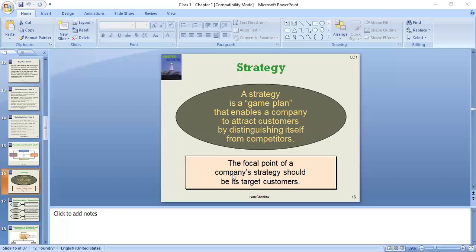So the strategy, and this is so far the most powerful definition that I've found, the strategy simply is a game plan which enables you or the company or anyone to attract customers by distinguishing itself from the other competitors. So you can see how powerful it is.